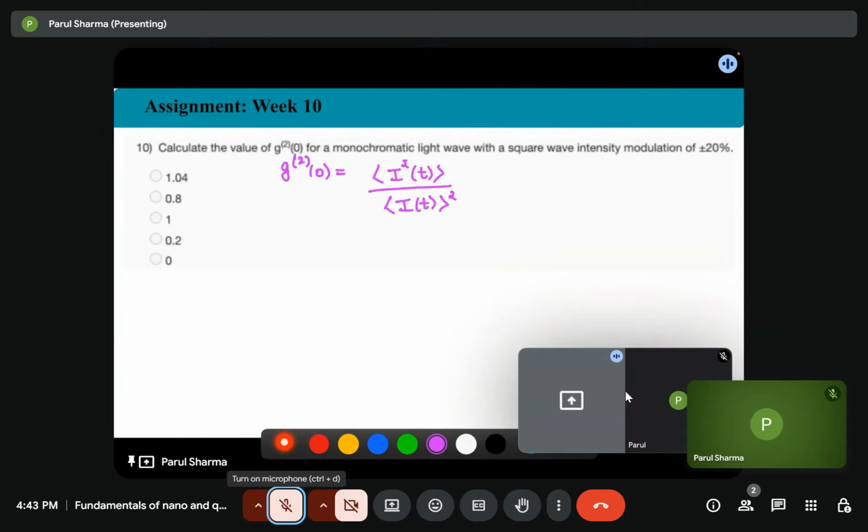Earlier it was constant intensity, that was I(t) equal to I naught. Now it has plus or minus 20%. So I(t) is equal to 1.2 I naught, 0.8 I naught.